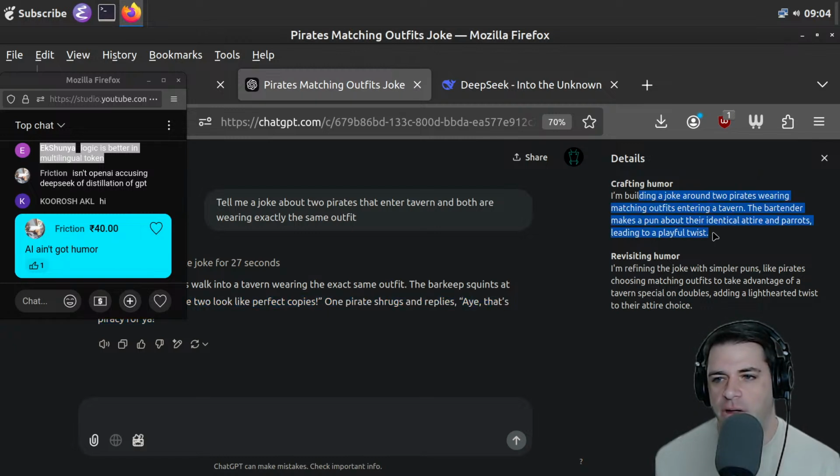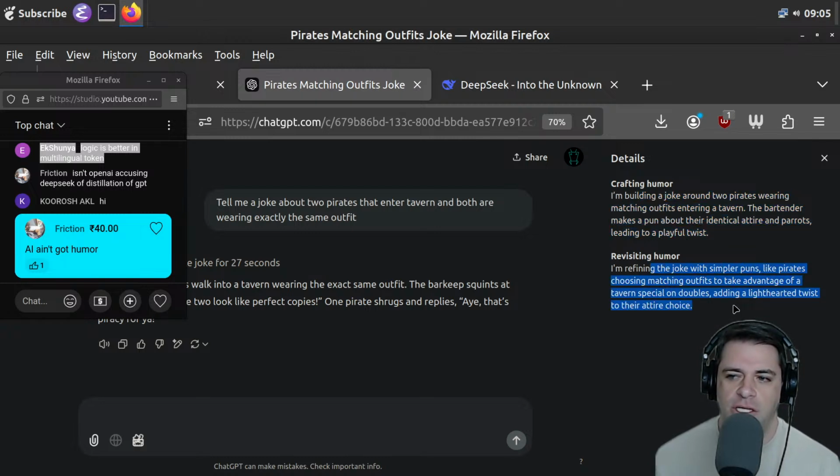I'm building a joke around two pirates wearing matching outfits entering a tavern. The bartender makes a pun about their identical attire and parrots, leading to a playful twist. Revisiting humor. I'm refining the joke with simpler puns like pirates, choosing matching outfits to take advantage of a tavern special on doubles, adding a lighthearted twist to their attire choices.